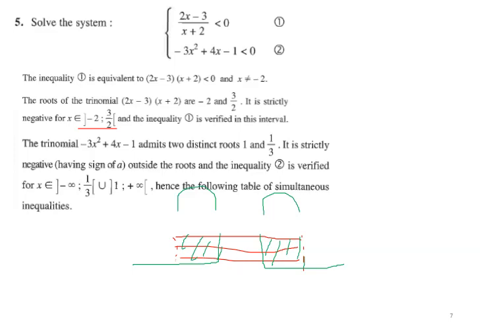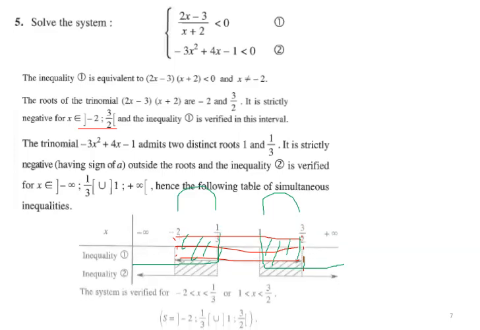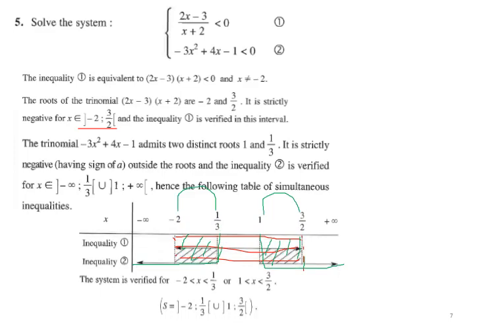So now I have a solution for every inequation, but this is a system, so I need to put the two solutions together, as you can see here. The first one is from minus 2 to 3 over 2. It's dotted because we don't have 'or equal'.